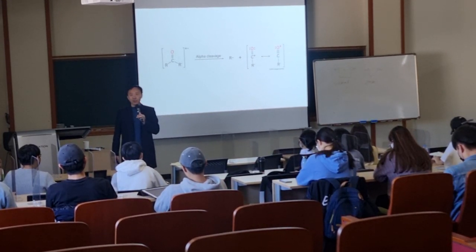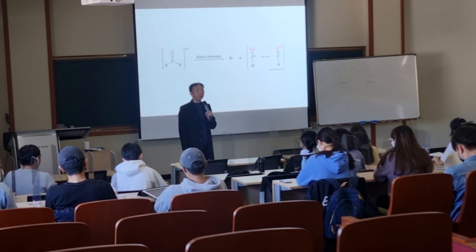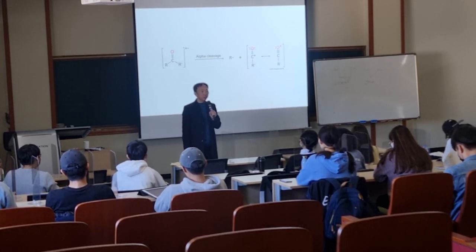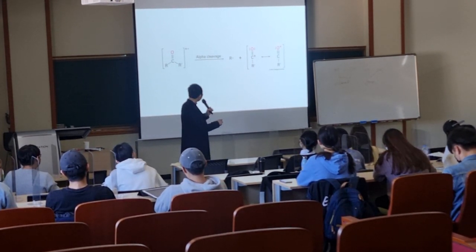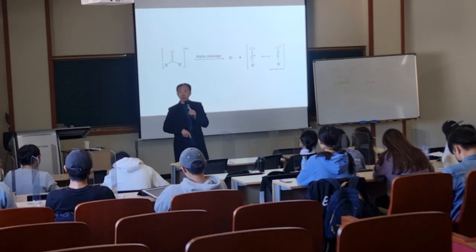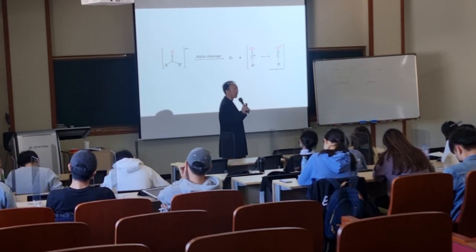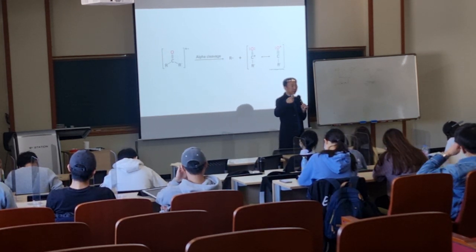If you can't catch what question I'm asking, in mass spec, you cannot see neutral species. It doesn't matter whether it's a radical or a molecule. In mass spec, you can only see charged species, either negatively charged or positively charged. The basic mechanism of mass spec is that a charged particle travels in a magnetic field.